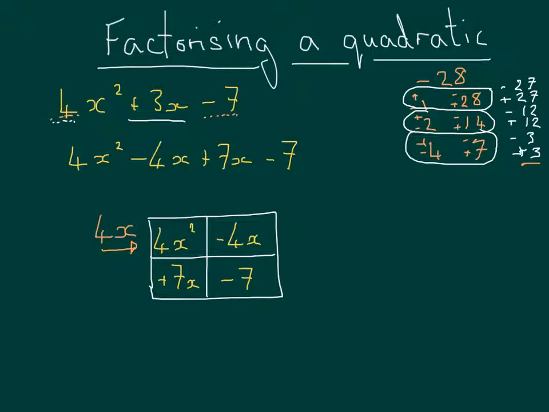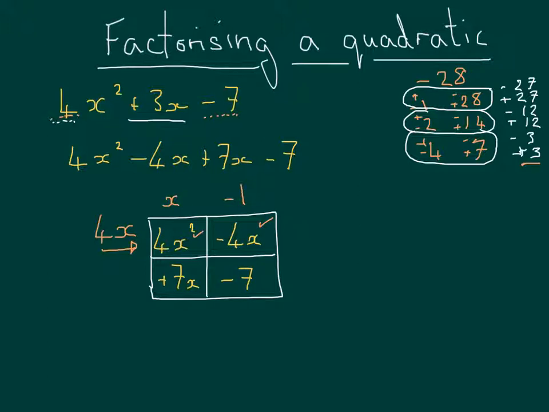Now, what do we times 4x by to get 4x squared? Why, we times it by an x. And moving on, what do we times 4x by to get minus 4x? We must times it by minus 1.